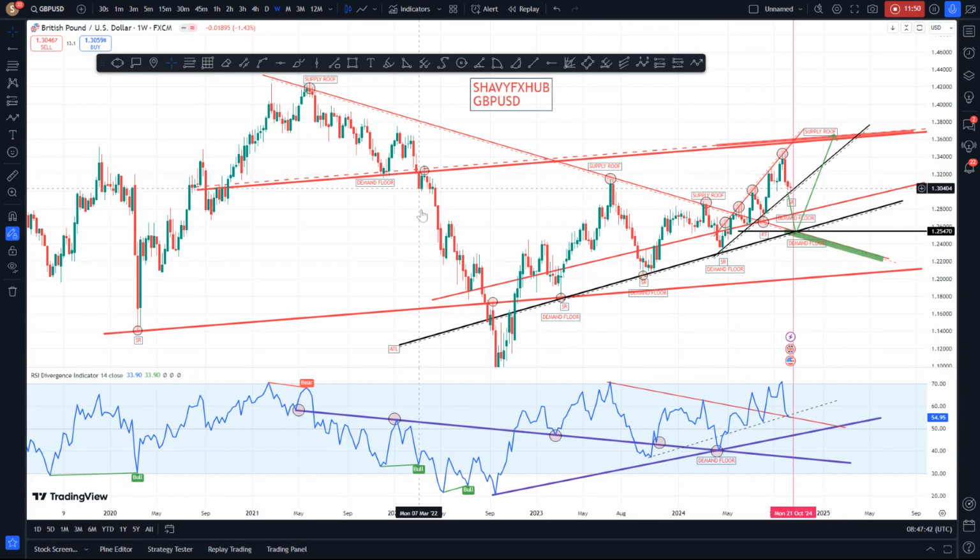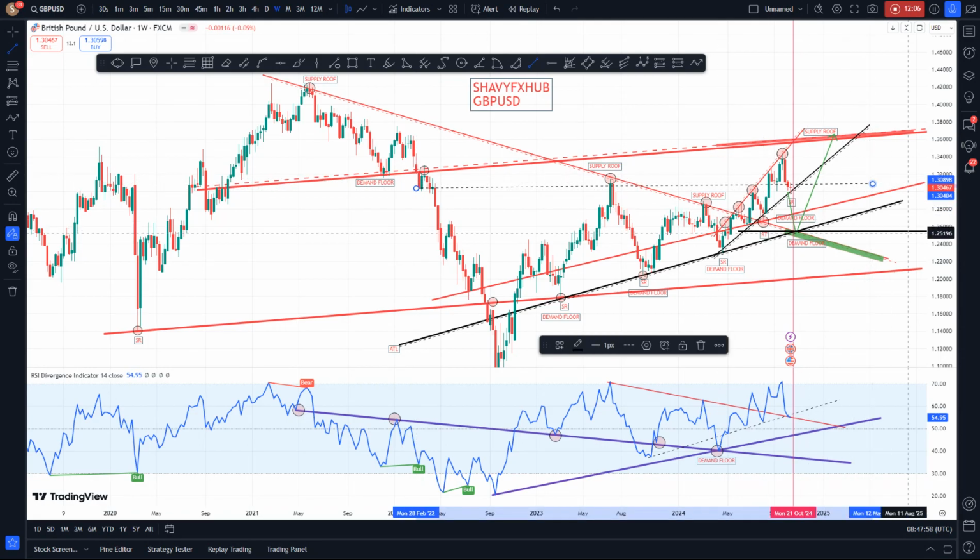We have here a support structure, break of a support structure, retest, retest, retest. So let's look at it from another perspective on a weekly and see if we have anything coming our way, if we can draw a conclusion.